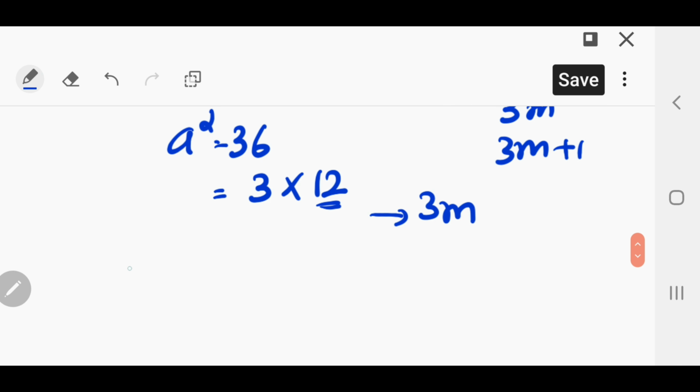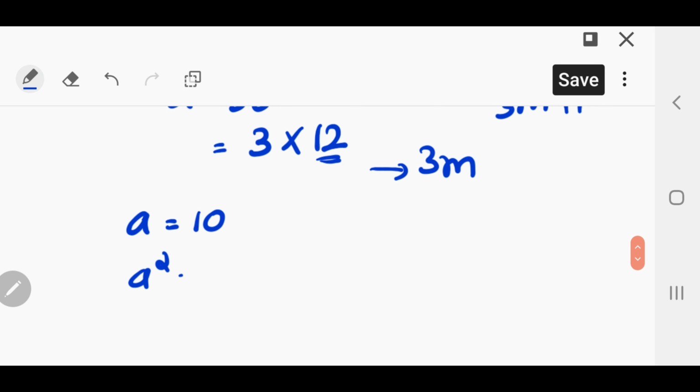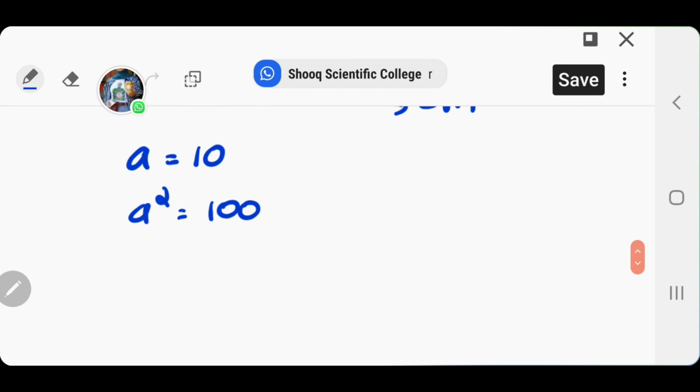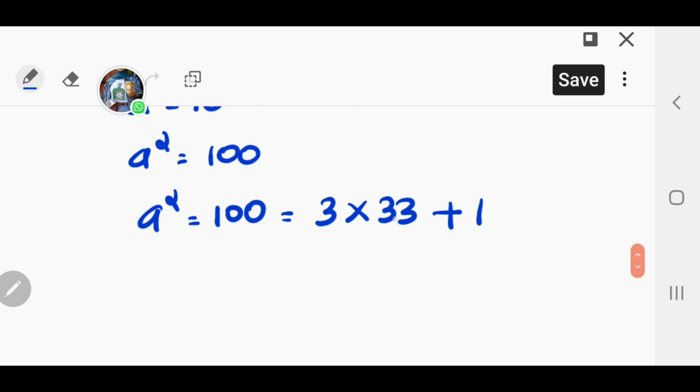Now let us take a as another positive integer. Let's take 10. So what will be a square? a square will be 100. So 100 cannot be written as 3 into an integer. So now a square is equal to 100 can be written as 3 into 33 plus 1. 3 into 33 is 99, plus 1 is 100.